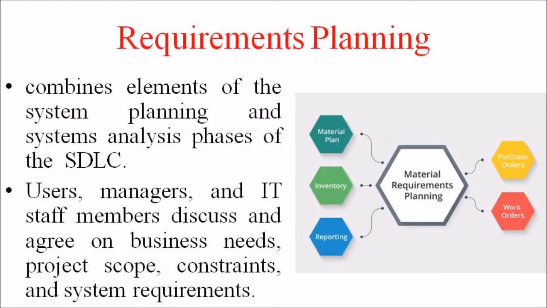Users, managers, and IT staff members discuss and agree on business needs, project scope, constraints, and system requirements. It ends when the team agrees on the key issues and obtains management authorization to continue.